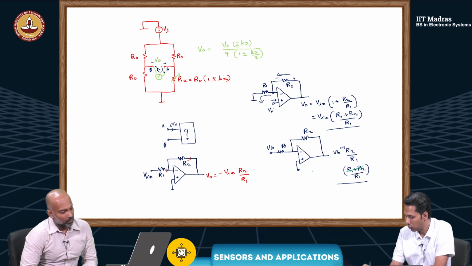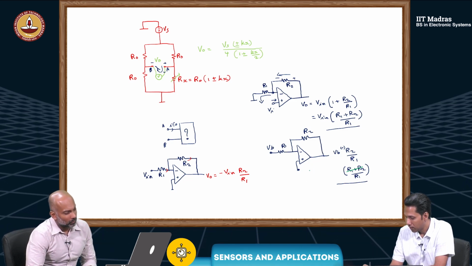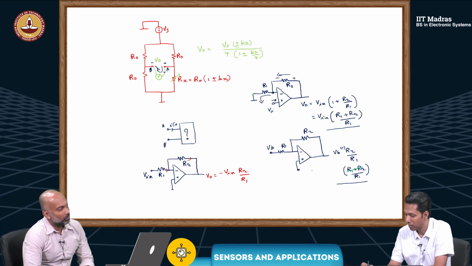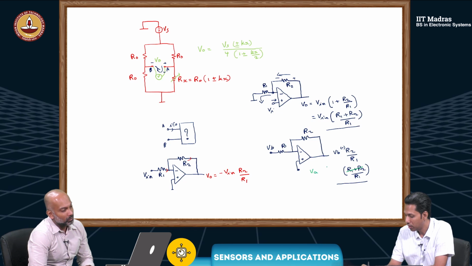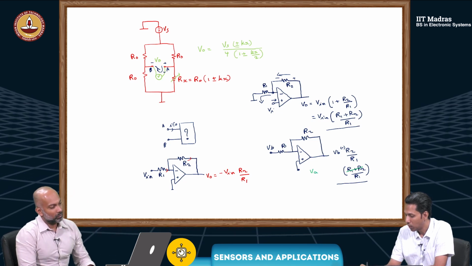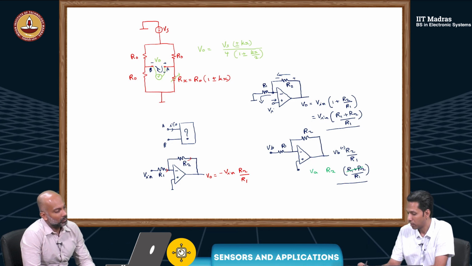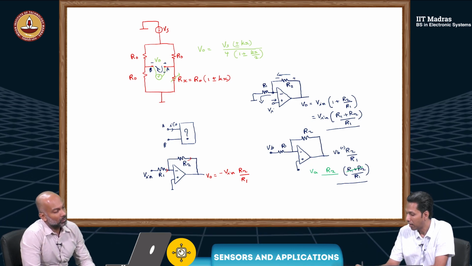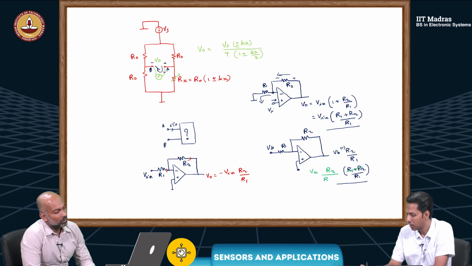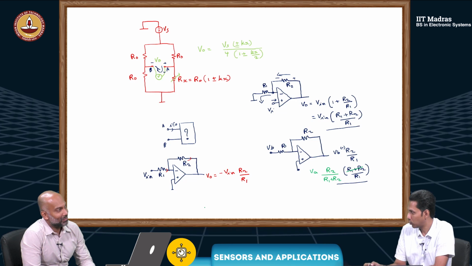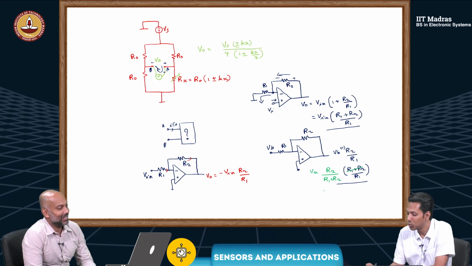So I will have to do something here. I'm going to give only a fraction of VA. Let's say VA into R2 in the numerator, cancelling this R1 plus R2. This is what we want. Now, how to get this?